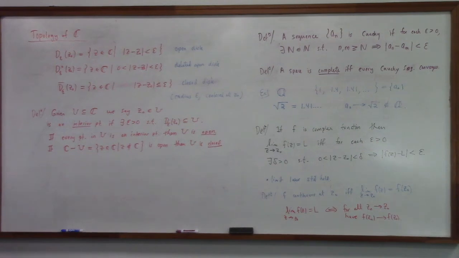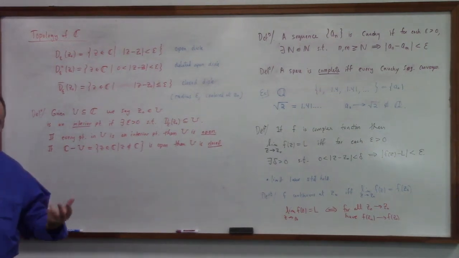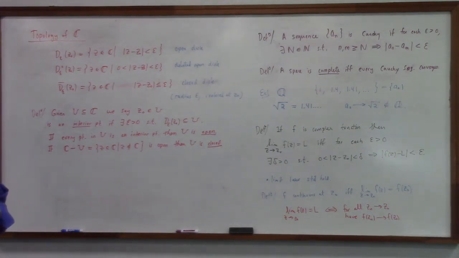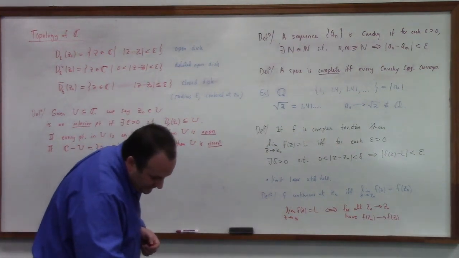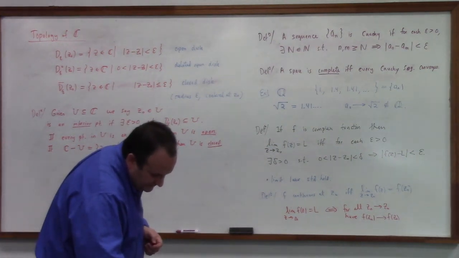An open set is one where every point is interior. Now, the definition I just gave for closed, I don't think is the one given by Gamelin. I believe Gamelin gives a sequential definition of closed. There is a sequential definition of closed that you can give. Well, no, like I said, that is what he does. Never mind. My bad.